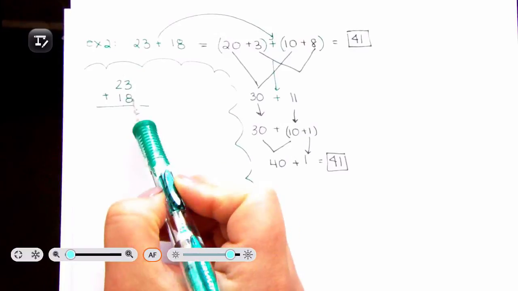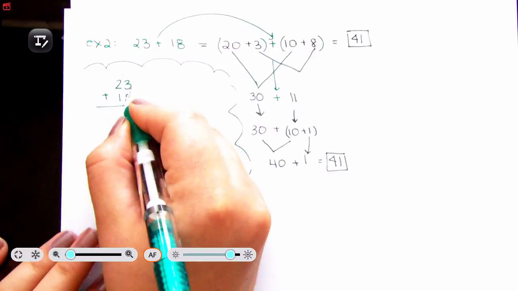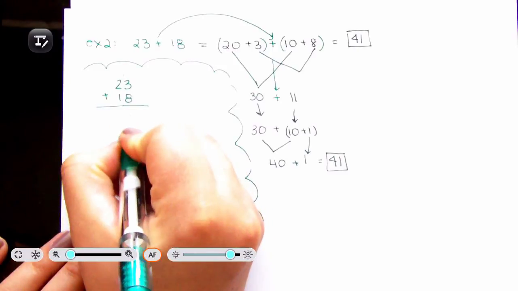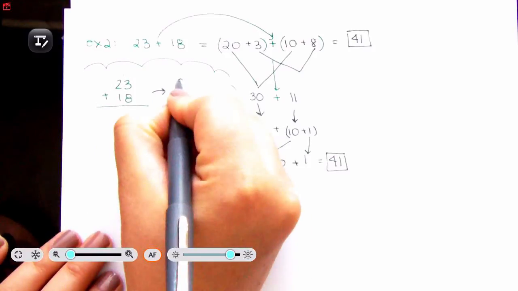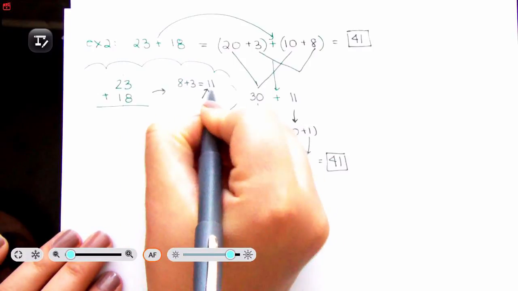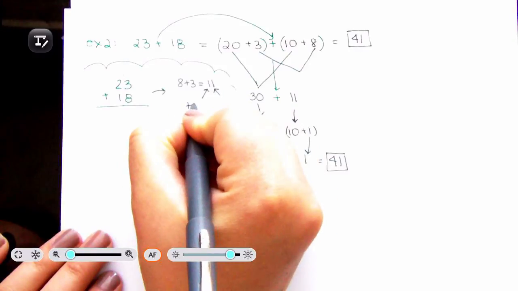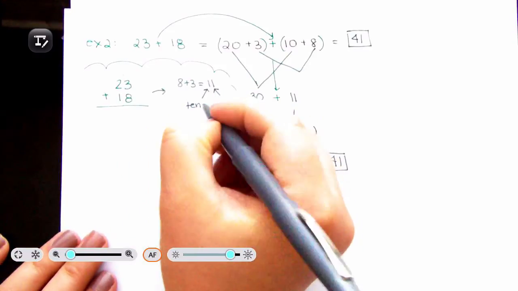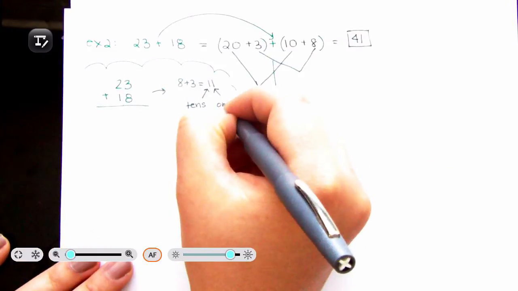Since these are the first, we're going to just add them. So 8, 9, 10, 11. Now I can't write 11 here. That would be incorrect, because 8 plus 3 is 11, and 11 has a 1 in the tens position and the other 1 in the ones position.